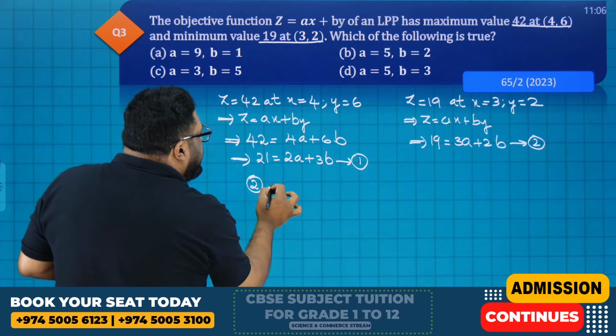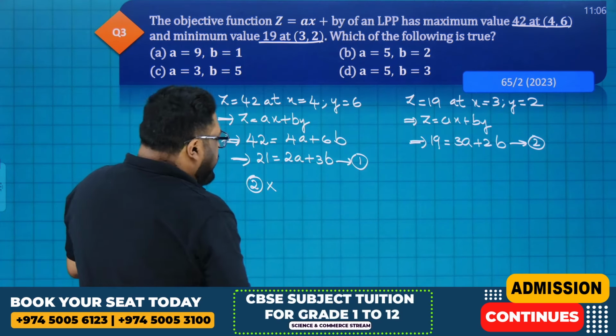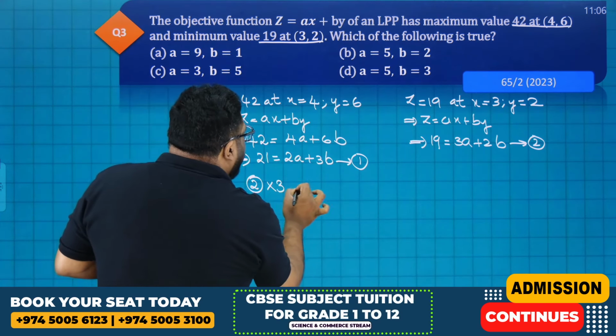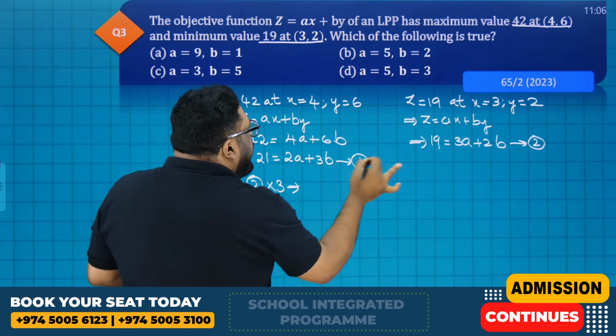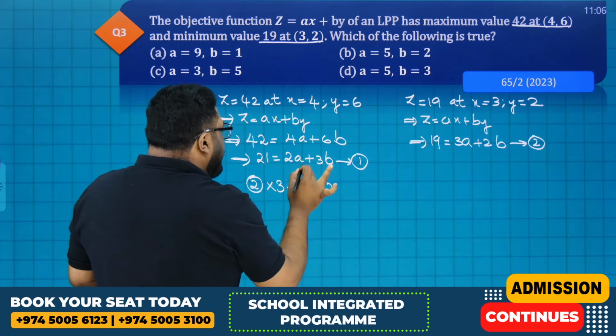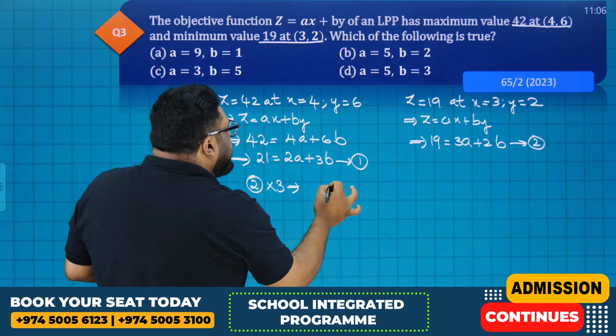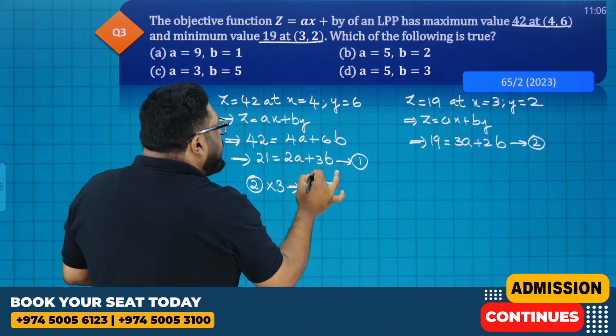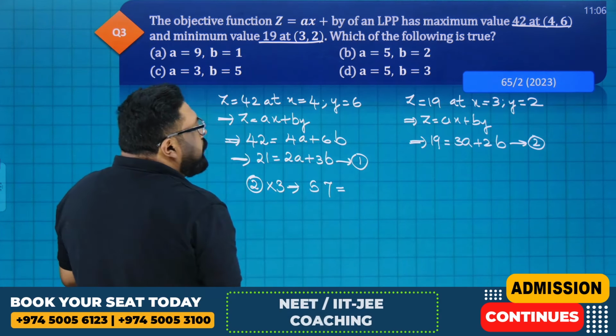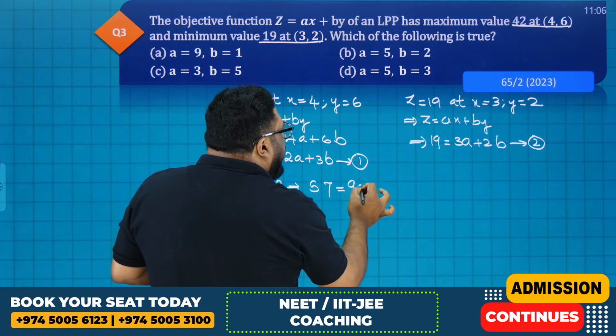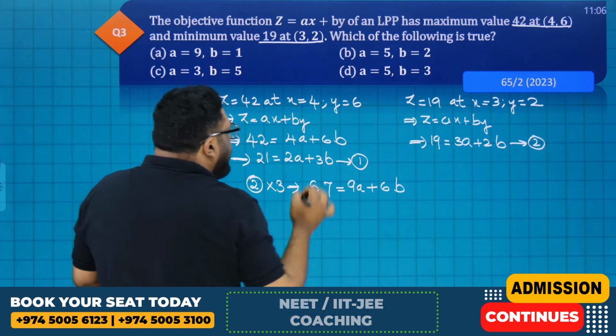My dears, equation number 2 is being multiplied by 3. When equation number 2 is multiplied by 3, 3 nines are 27, 3 times 19 is 57, so 57 is equal to 9a plus 6b.